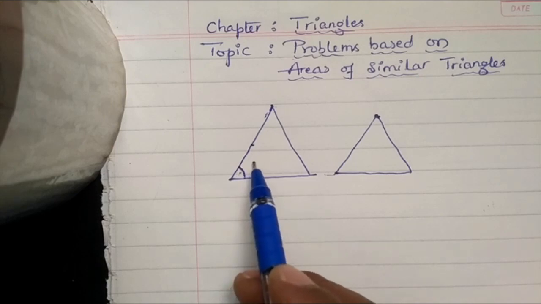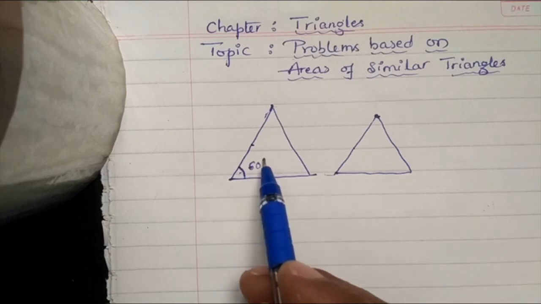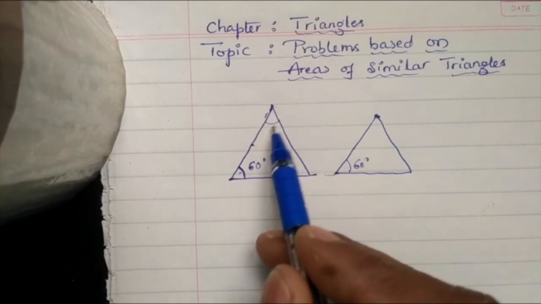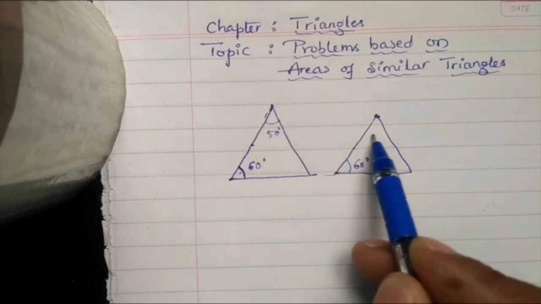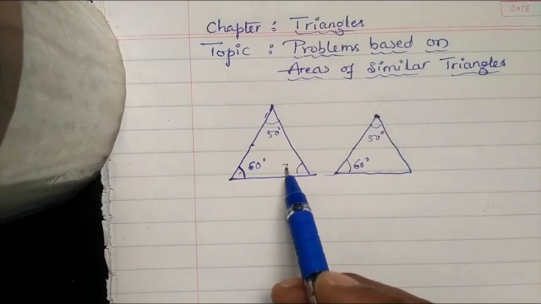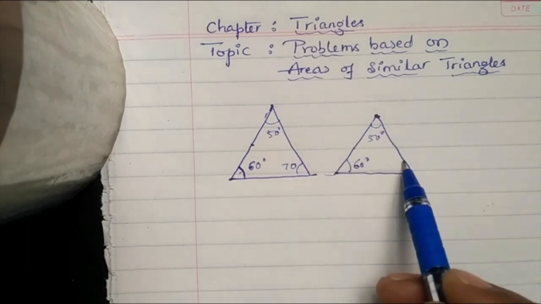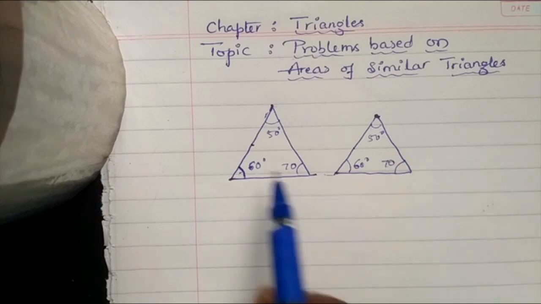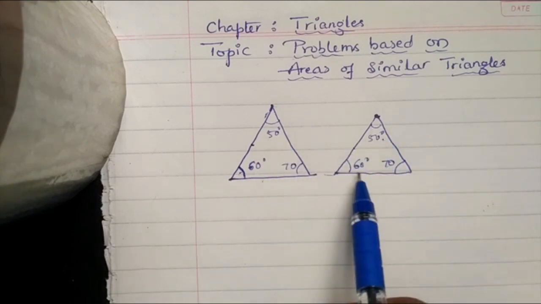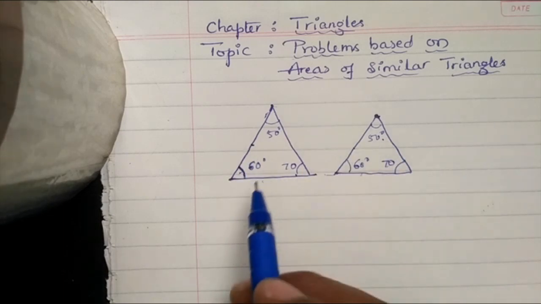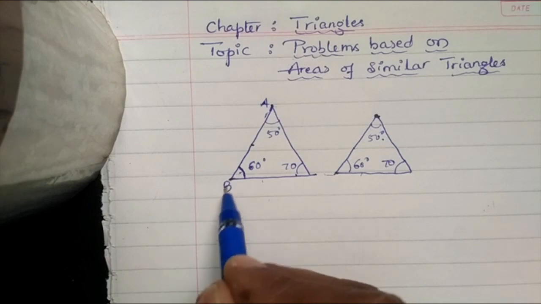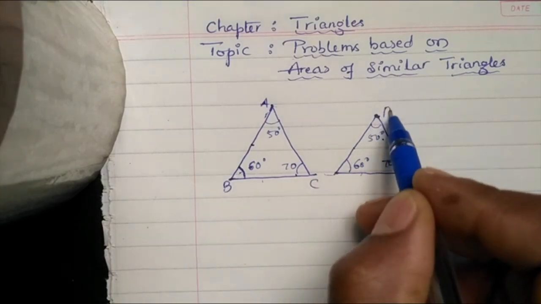Suppose it is 60 degrees here, definitely here also 60 degrees, here 50 degrees and here also 50 degrees. The third angle is 70 degrees, totally 180 degrees. Here also 70 degrees. These two triangles are equal by their angles, all three angles are equal. Therefore let us name this triangle ABC and this triangle PQR.